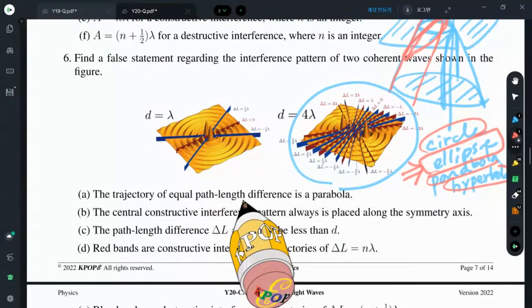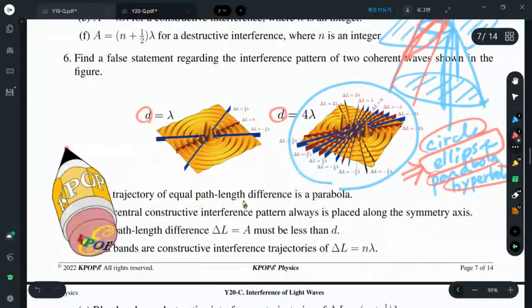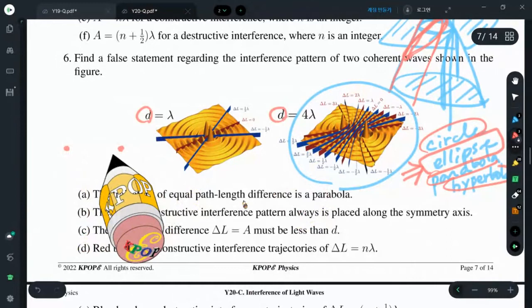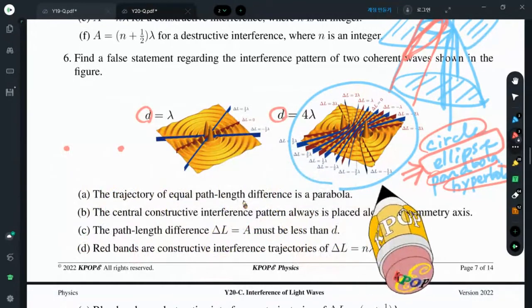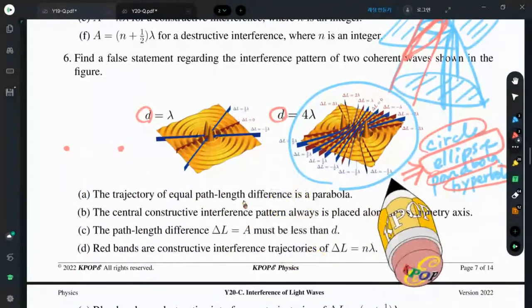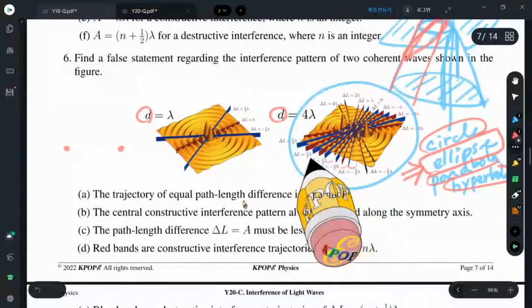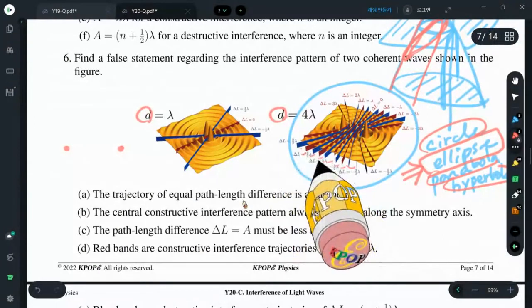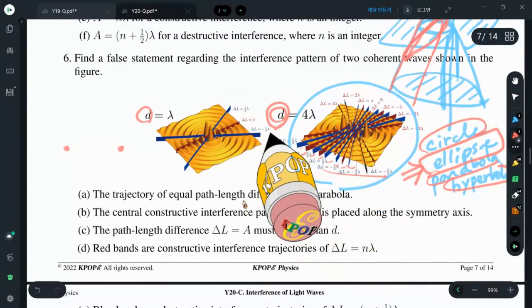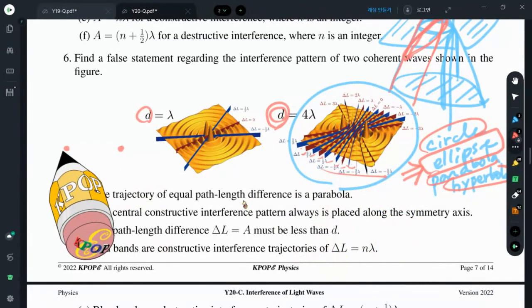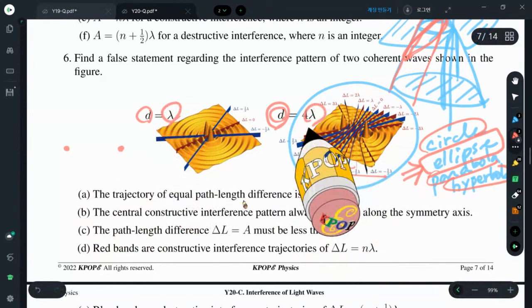As you can see, when we increase the distance between the two sources, the number of curves increases. It becomes very busy. So the angular separation becomes very dense when you increase the distance between the two sources, keeping the wavelengths the same.